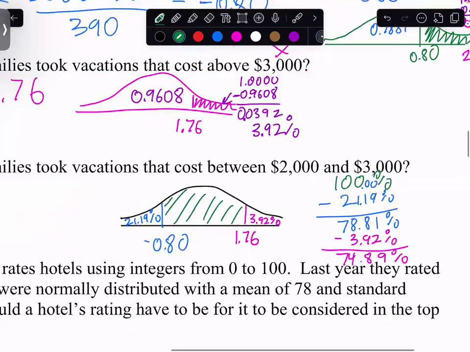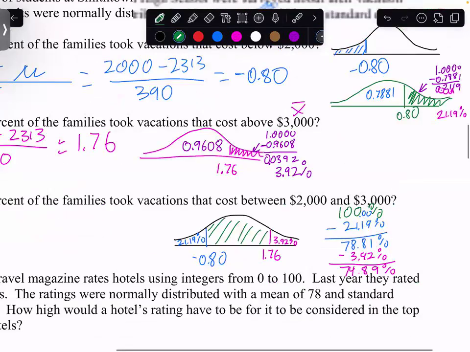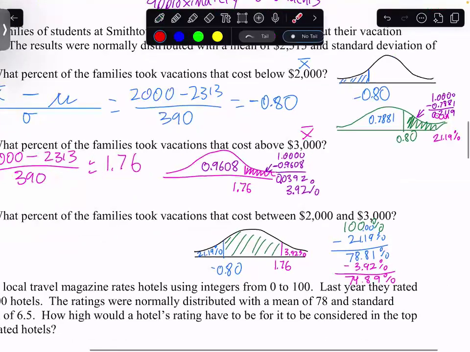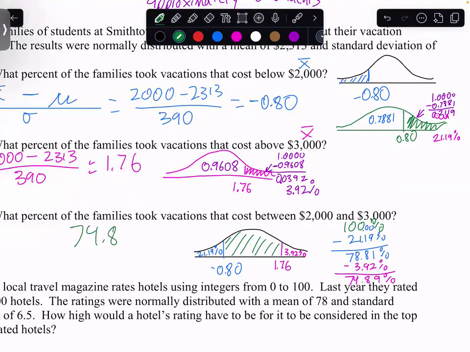Right, because those are the only three options. Either the vacation costs less than 2,000, between 2,000 and 3,000, or more than 3,000. Those three combined are the only possible scenarios. So that's why they have to add up to 100%. Okay, so yeah, that's one way you can do this.